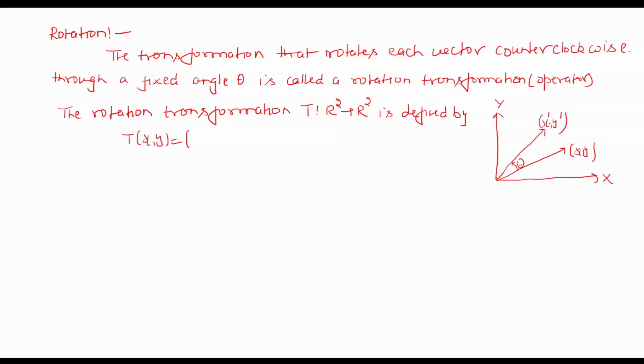Now this x' will become equal to x cos theta minus y sin theta, and y' is equal to x sin theta plus y cos theta. Now, how to obtain this? So I will do the derivation for this.